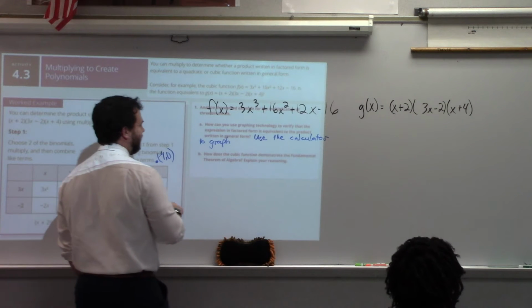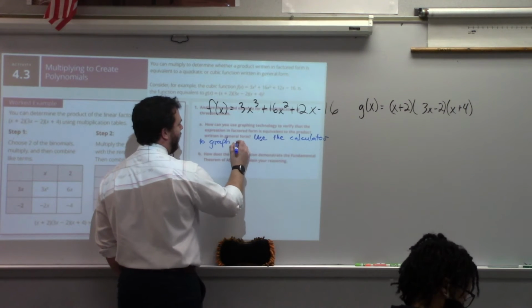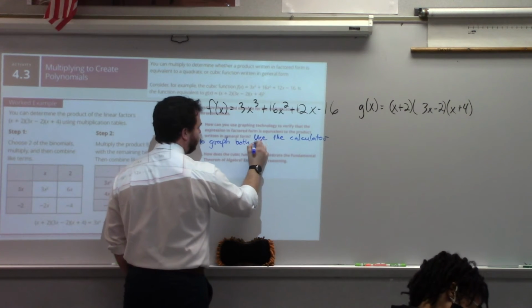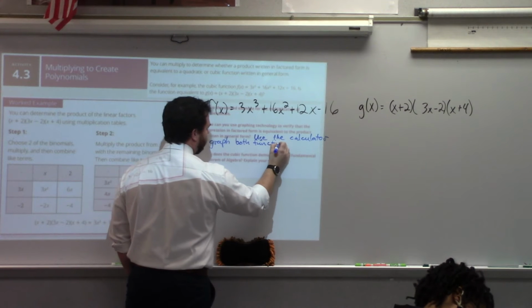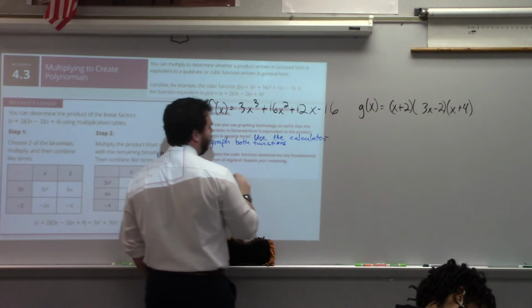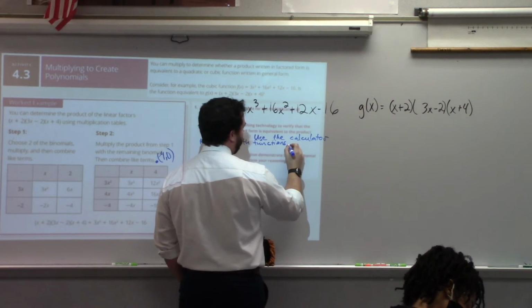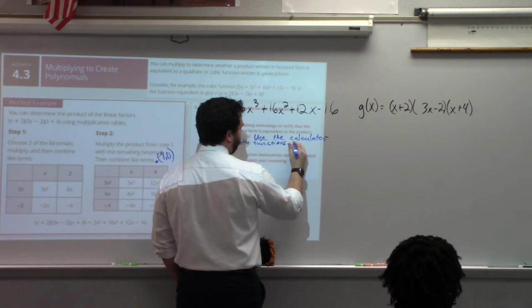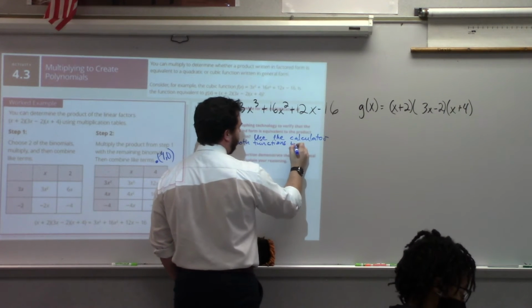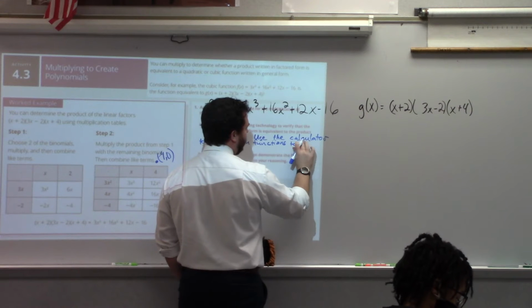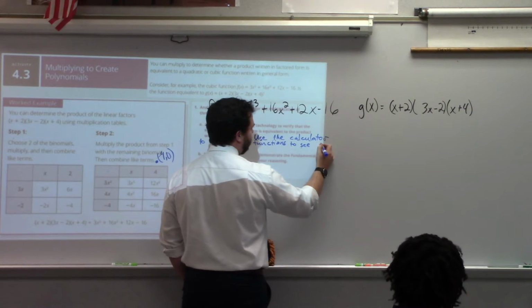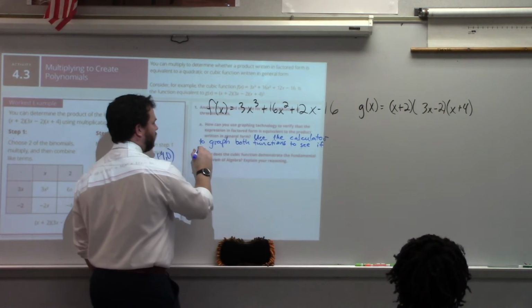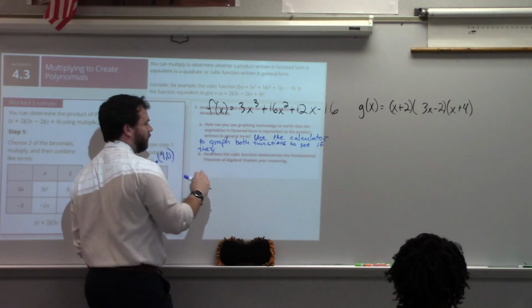Just give it to you, make it... So use the calculator to graph both functions to see if, how do we know if they were equivalent? Because they overlap, match up exactly the same.